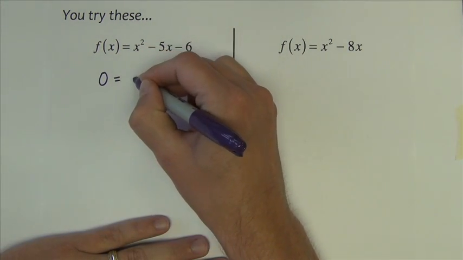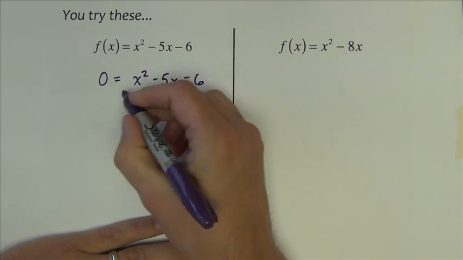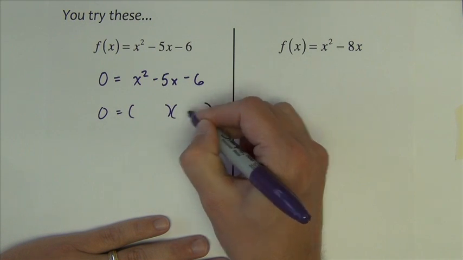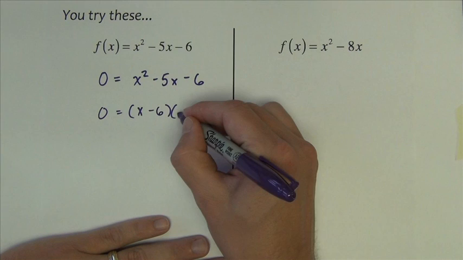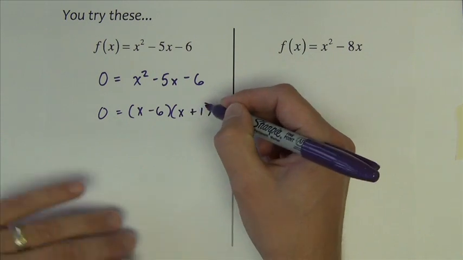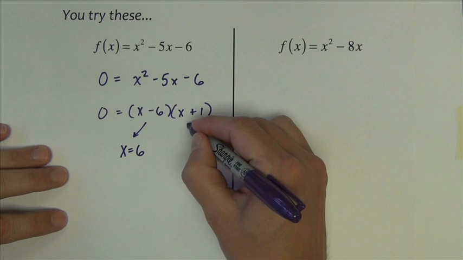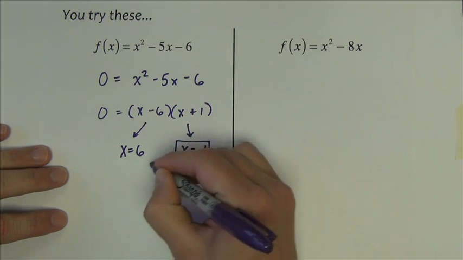Here I set equal to 0. I factor this. X is going to be -6, x plus 1. So we get x equals 6 and x equals -1.